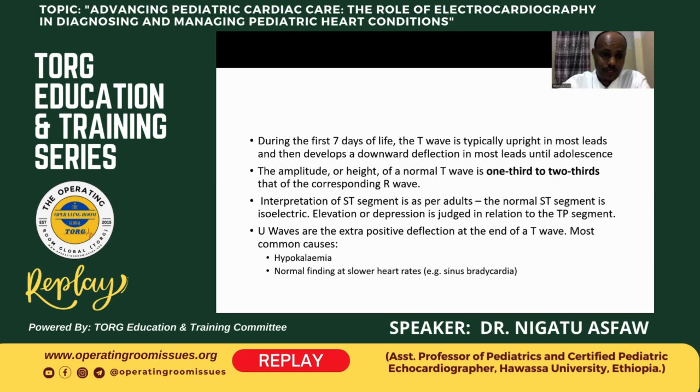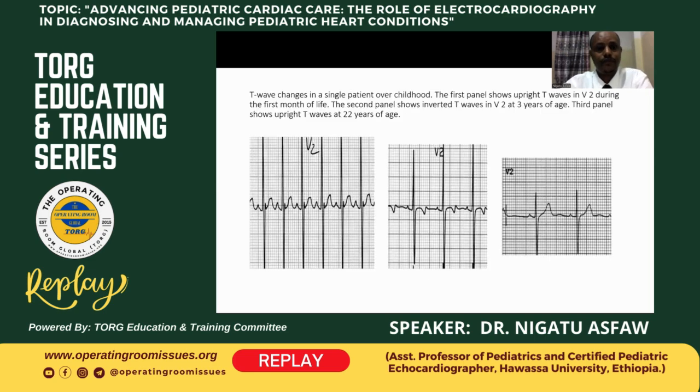Elevation or depression may give us insights, or show some pathologies. The other wave is the U wave, which follows the T wave, and usually it is normal, particularly if there is sinus bradycardia, and it may show abnormalities like electrolyte changes or a low level of potassium, hypokalemia. And this picture is to show the T waves.